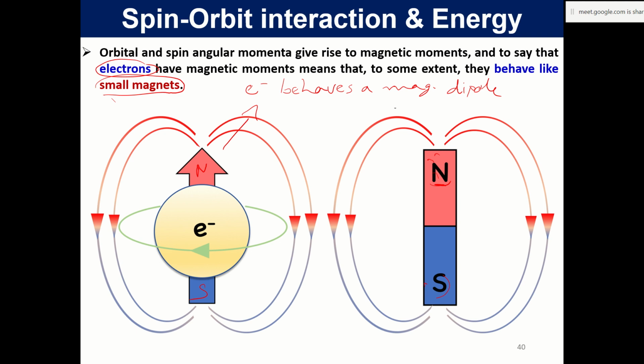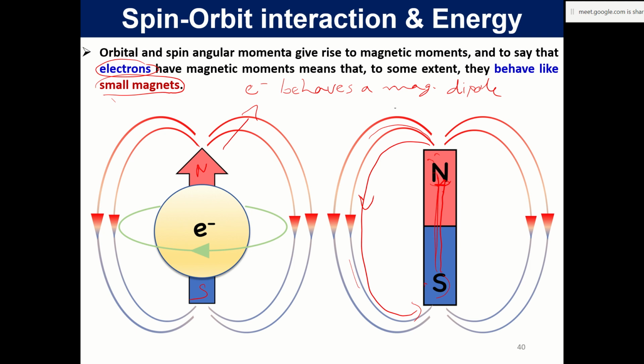This is how you draw the magnetic lines of force, and it is important that you learn them. They are drawn from north to south outwards in a magnet, and inside the magnet they go from south to north.